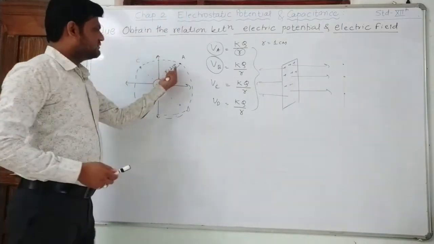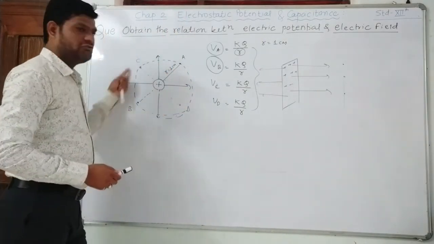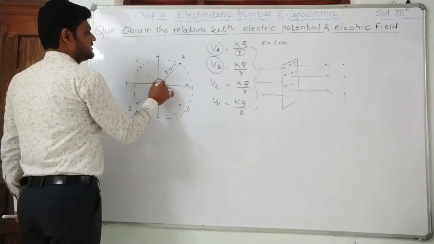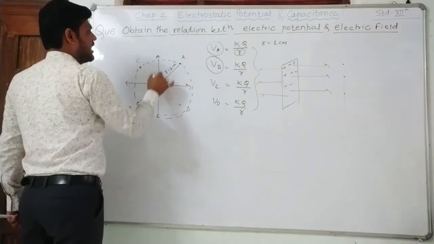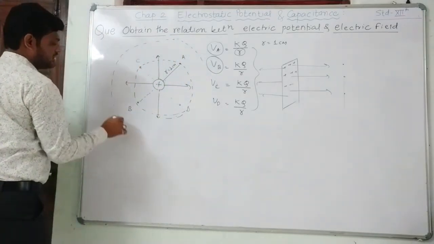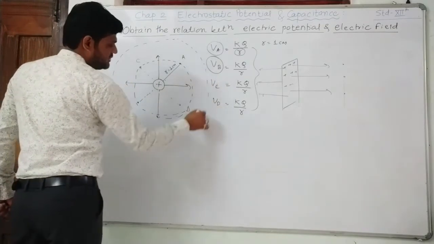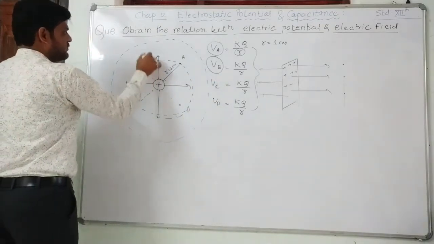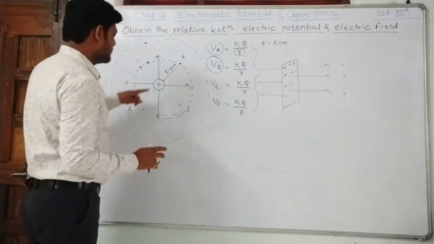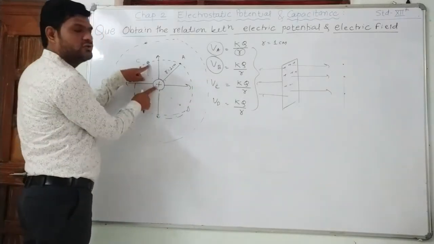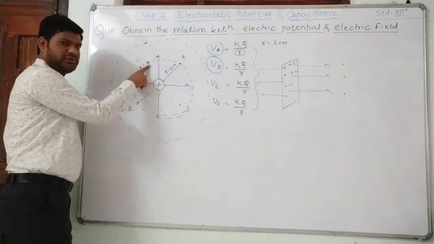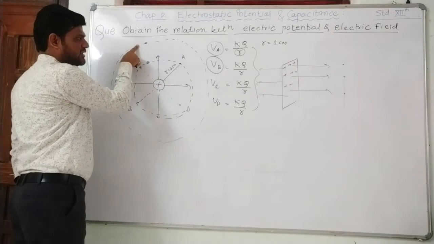Suppose at a distance of 1 centimeter we draw an equipotential surface. Suppose at a distance R equal to 2 centimeter we can draw another equipotential surface. The potential of this surface and the potential of this surface are different. This surface is nearer to the source charge, so obviously its potential will be more as compared to the other surface.